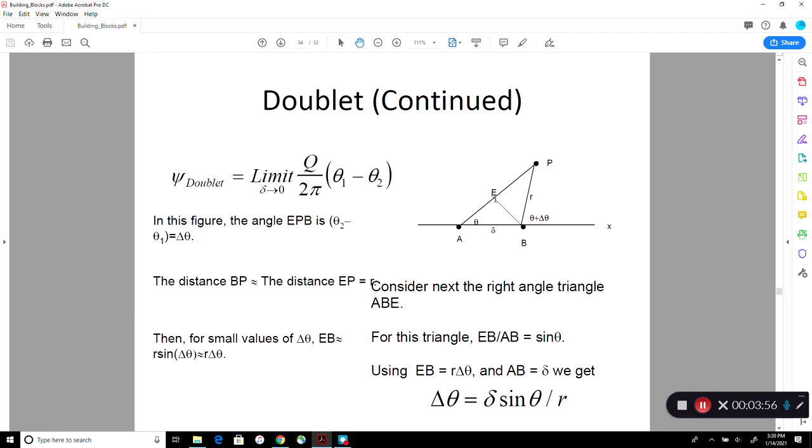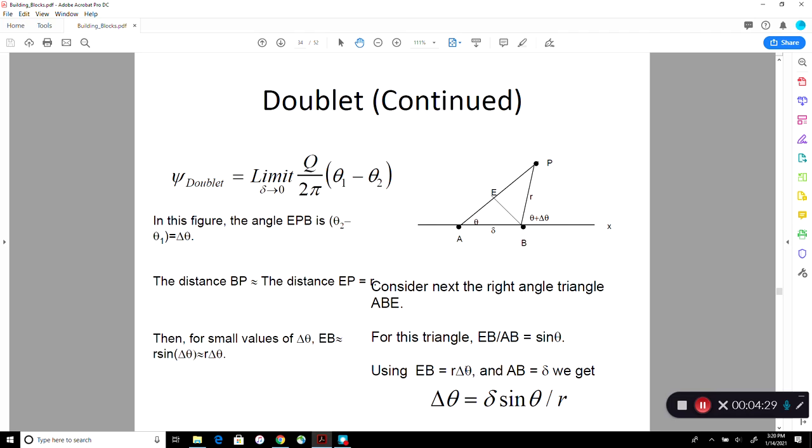Now, AB is delta. Therefore, EB is delta times sine theta, where this is the hypotenuse. So this is delta times sine theta. This is R. Therefore, this would be R times sine of delta theta, which is just R delta theta.